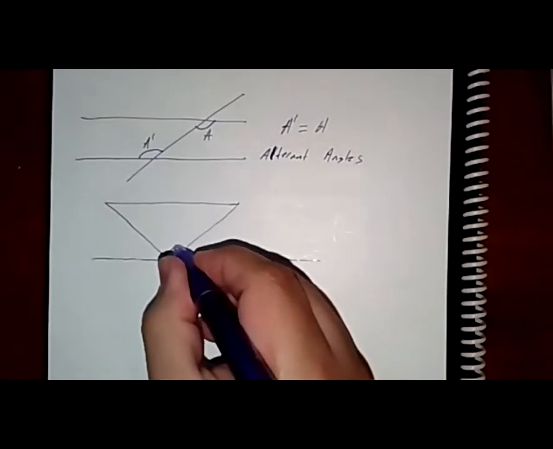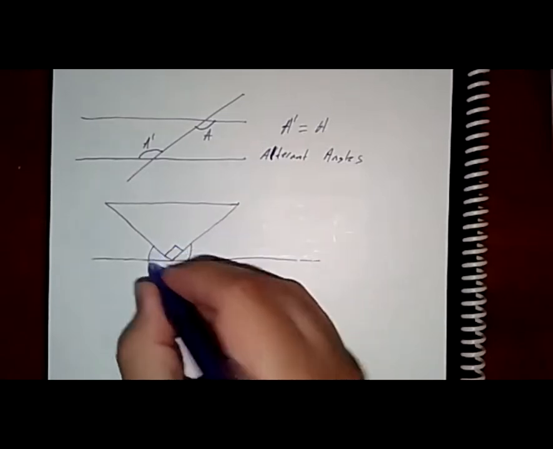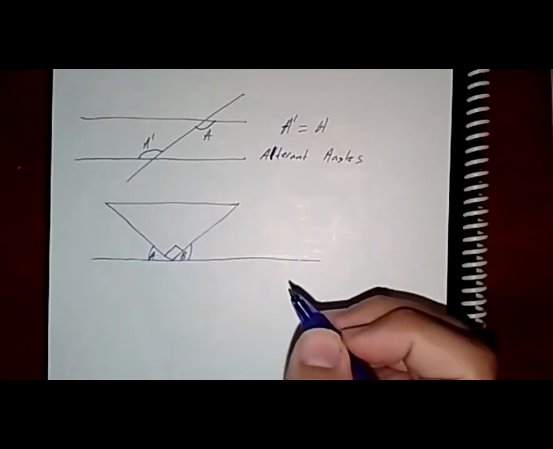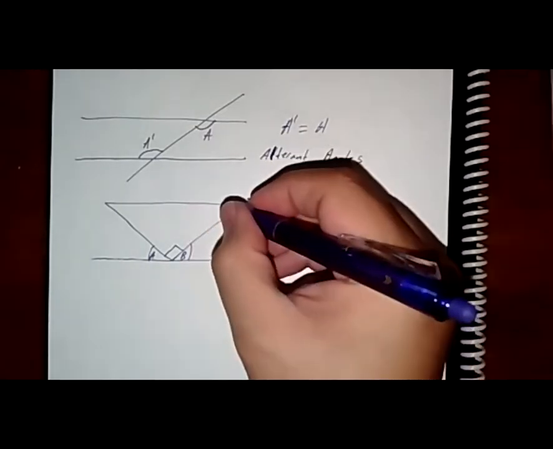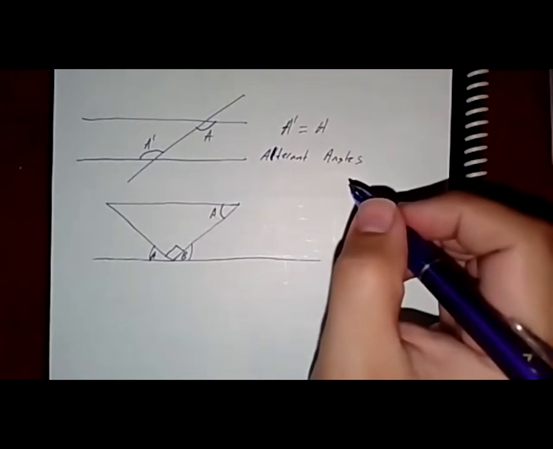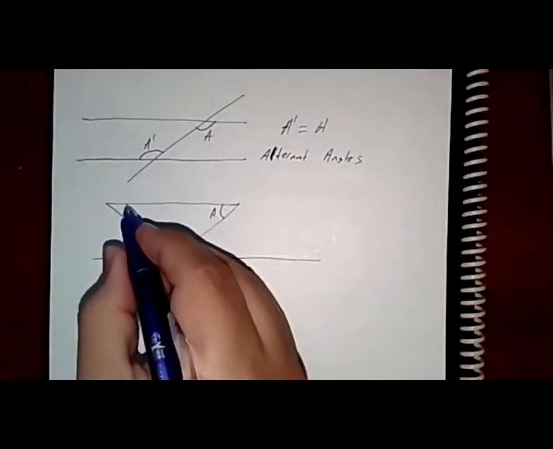So this is a right angle. We want to know these two right here. They call A and B. So A will be equal to this one here, so we'll call that A as well. And this one will be equal to B, using this idea of alternate angles.